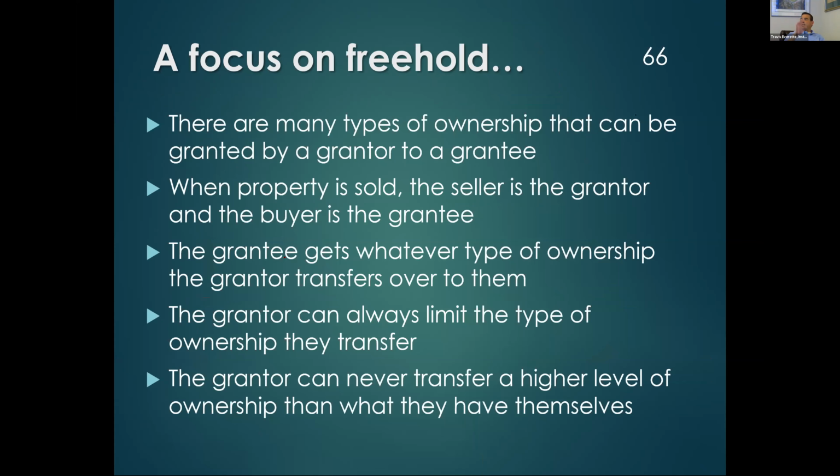It says here there are many types of ownership. When a property's sold, the seller is the what? Grantor. And the buyer is the what? Grantee. And by the way, that is also true when the property is a gift. Even if there's not a sale, if it's a gift, it's still grantor, grantee, anytime ownership is being transferred.